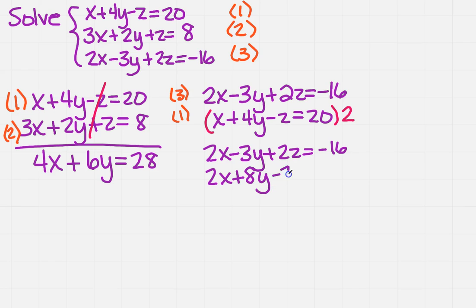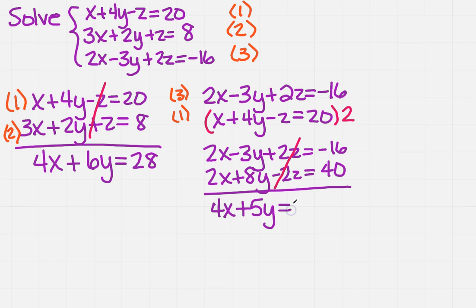So that's going to give me a minus 2z and 40. So just like what we had before, the z's are going to cancel, which was the whole purpose. And I'm going to get 4x plus 5y equals, now over here I have to do 40 minus 16, which is going to be 24.